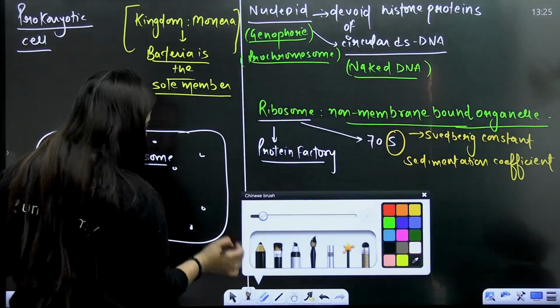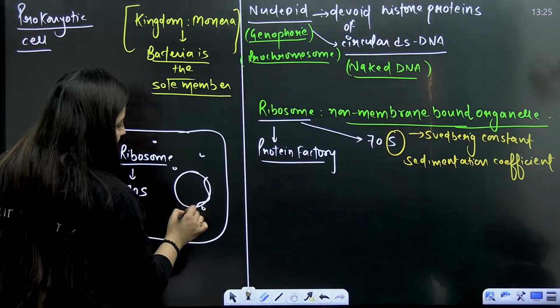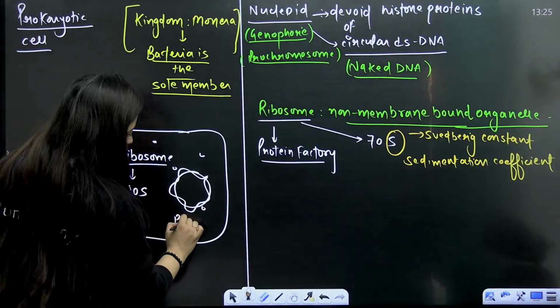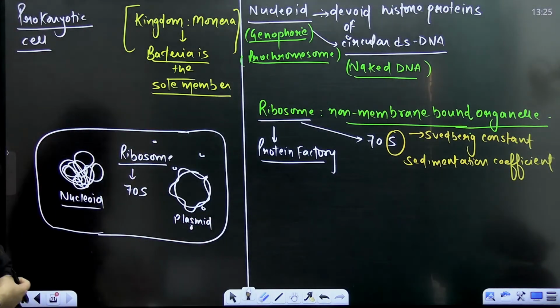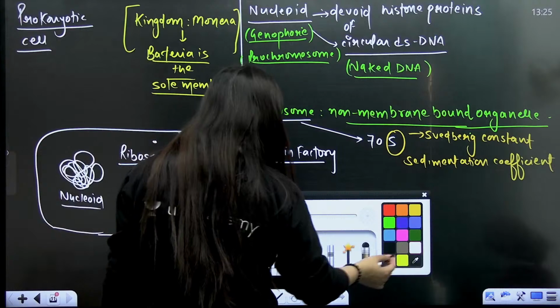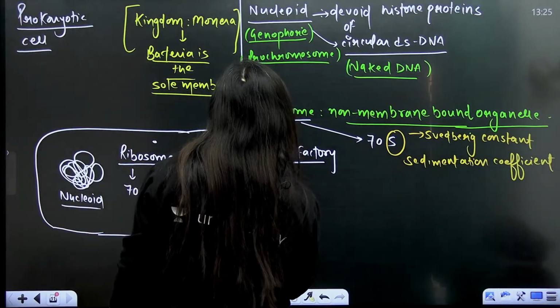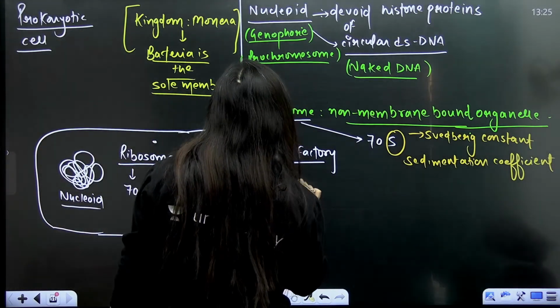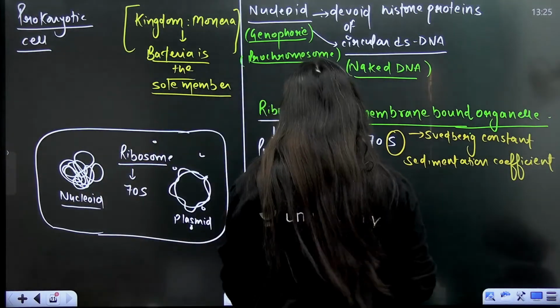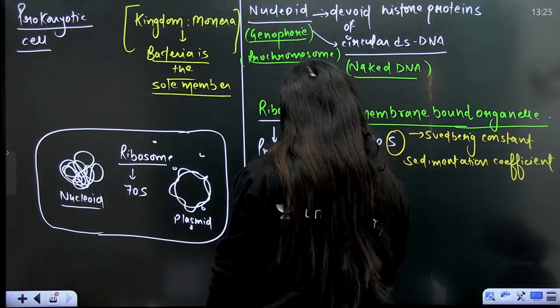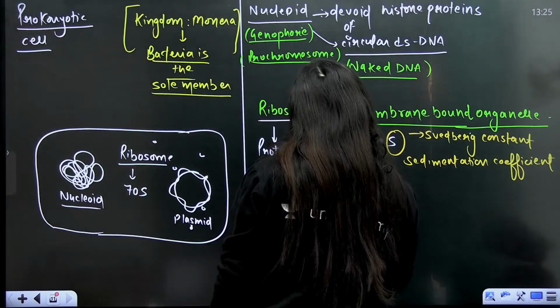In the prokaryotes, one more thing that we discuss is the plasmid. That is also important. In class 12th, in biotech, we discuss it in detail. So what is the next word that I have used here? Plasmid. What is it? It is the extra chromosomal DNA.